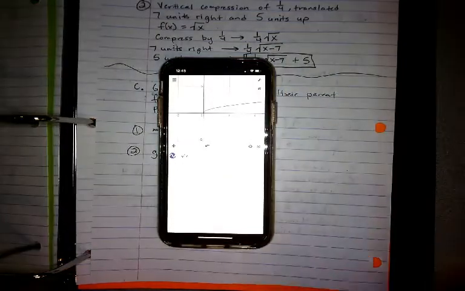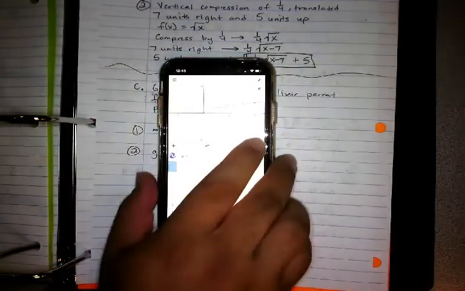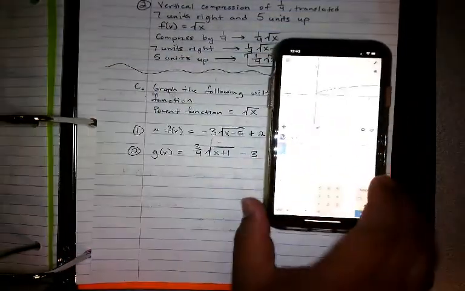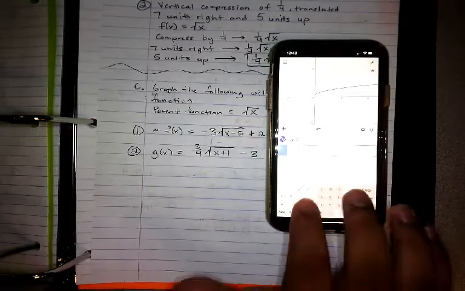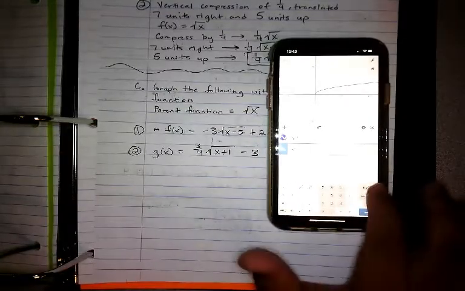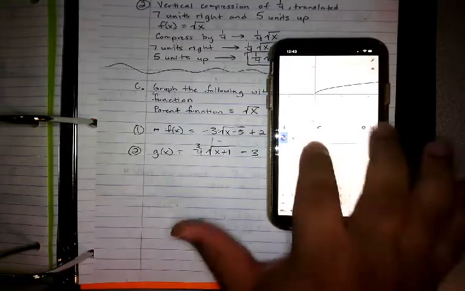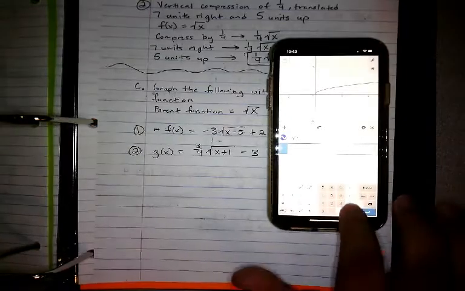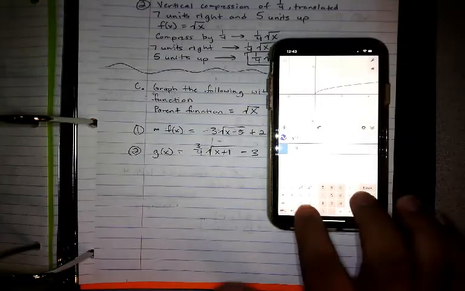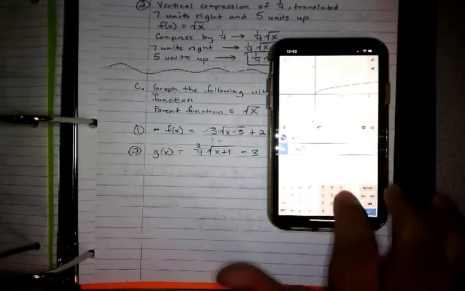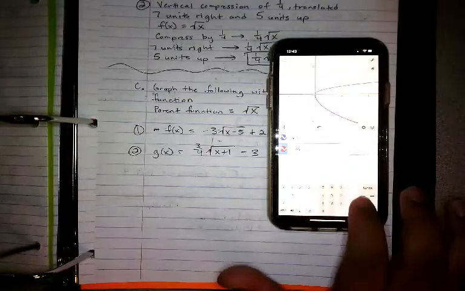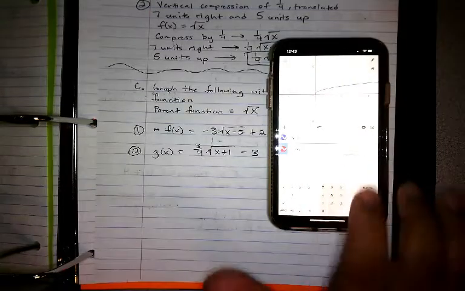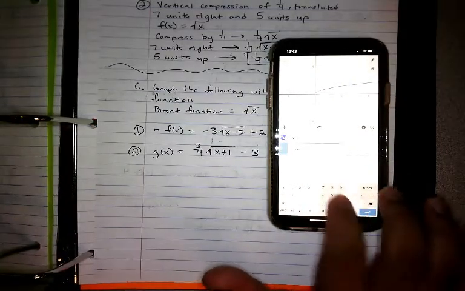Now if I put in my equations, I'll put f of x in, so I have negative 3 times the square root of x minus 5, plus 2.